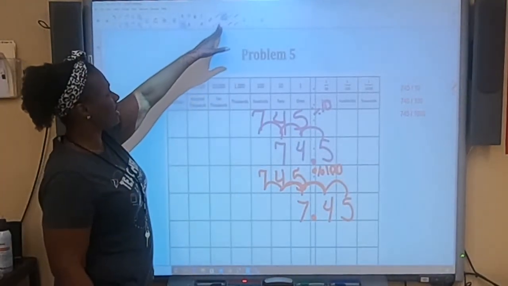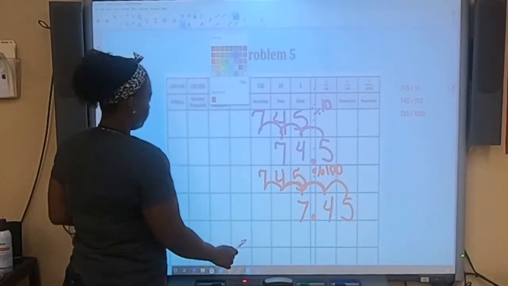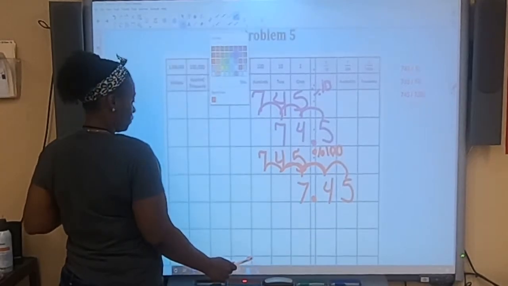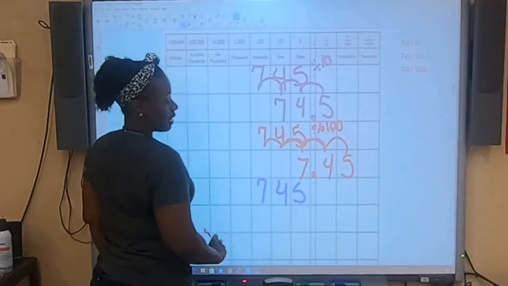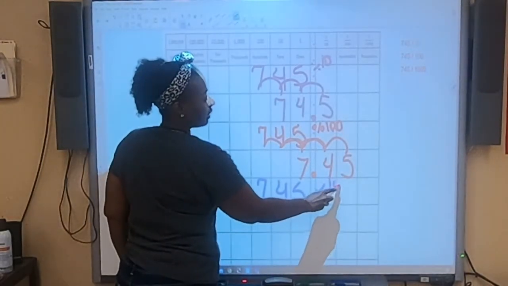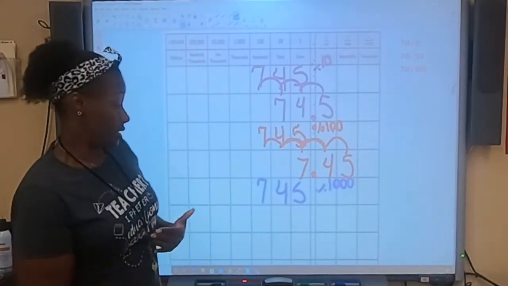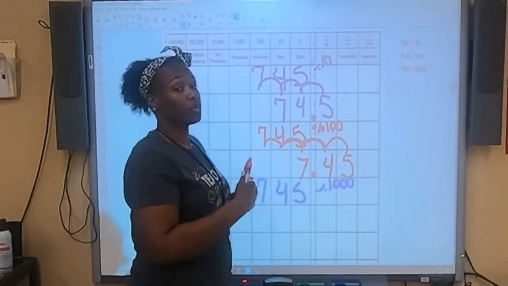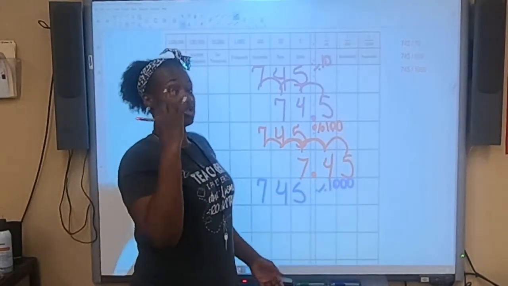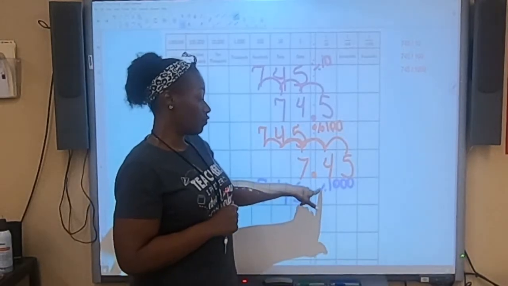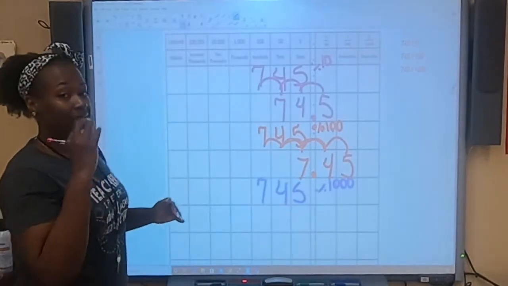Okay, let's try that same number. So we've got 745. This time we're going to divide it by 1000. Well, as we've discussed in this lesson, when we divide, we're moving to the right on that place value chart. But this time we have 1000, which has 3 zeros. So it's telling me to move right 3 times. So all of my digits have to shift to the right 3 times.